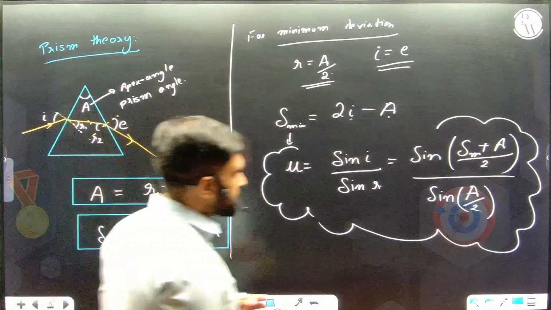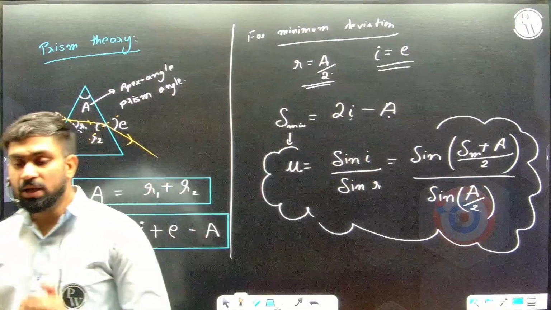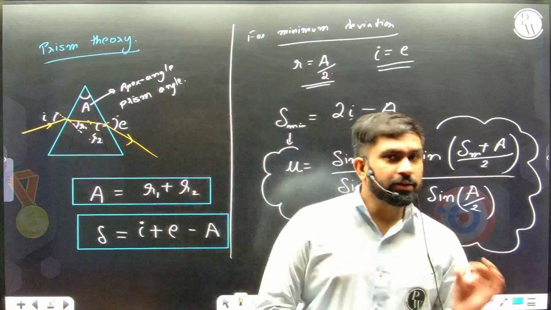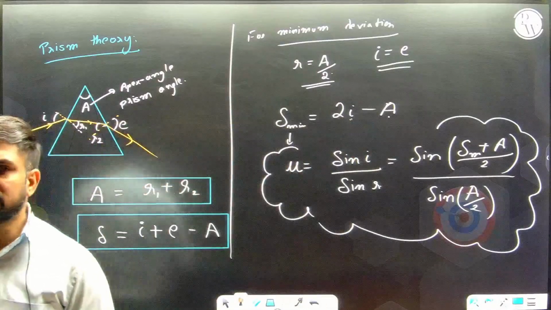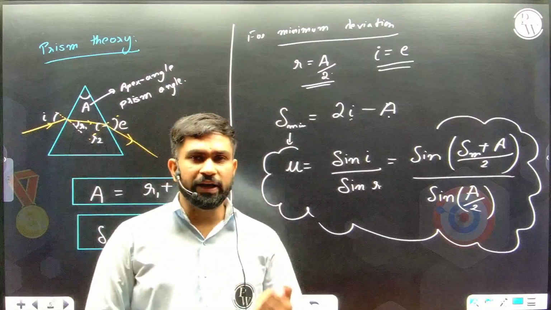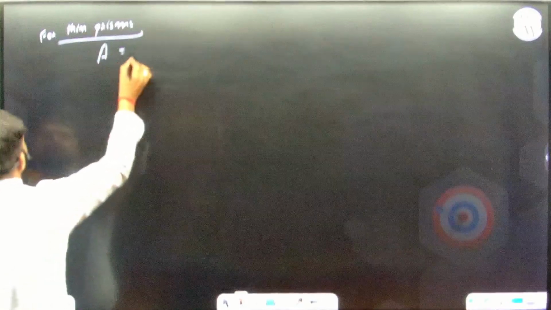Now in this I said that a similar kind of relation holds true for thin prisms. What are thin prisms? For thin prisms, the angle of prism A is quite small. It's lesser than 5 degrees or at most 10 degrees, but not greater than that. So if it is lesser than 10 degrees or 5 degrees, I'll consider it a thin prism. For thin prisms, angle A is small.